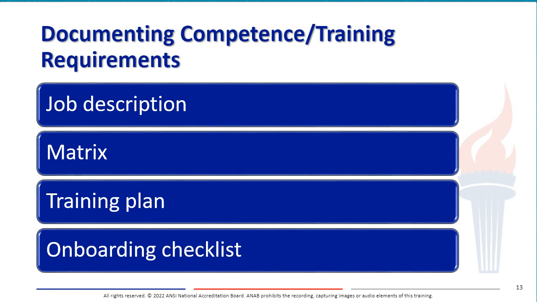There are many tools already at our disposal to assist in documenting necessary competence and training requirements. Oftentimes, job descriptions have a section for this very topic, but I caution you to look at the processes performed in the management system and operation of the organization to ensure that nothing is missed. Sometimes there are gaps between job descriptions and day-to-day activities where training and competence is lacking.